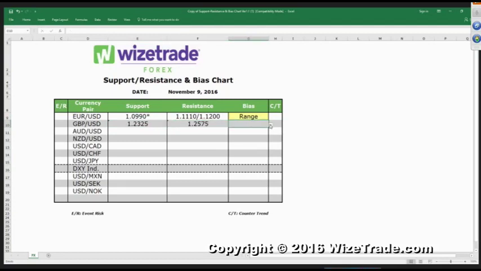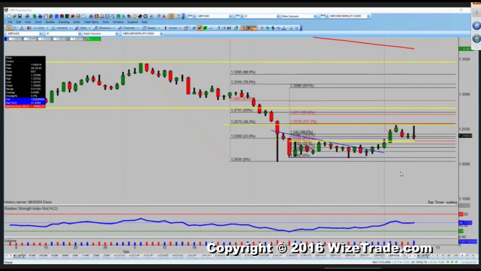Today I'm going to put us in a range, but if we drop below this support right here, if we drop back below that 123.25, I'm going to put the bearish designation back on the pound.